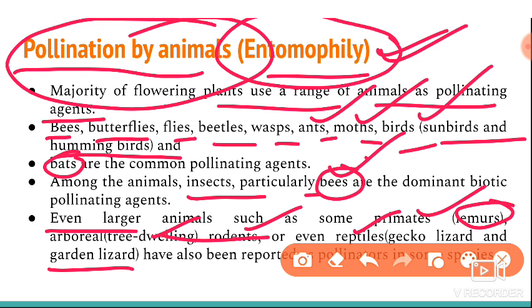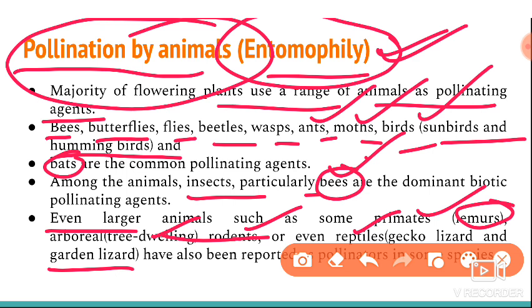We know that the majority of angiosperms prefer pollination by animals, and so many animals and insects are involved in it.